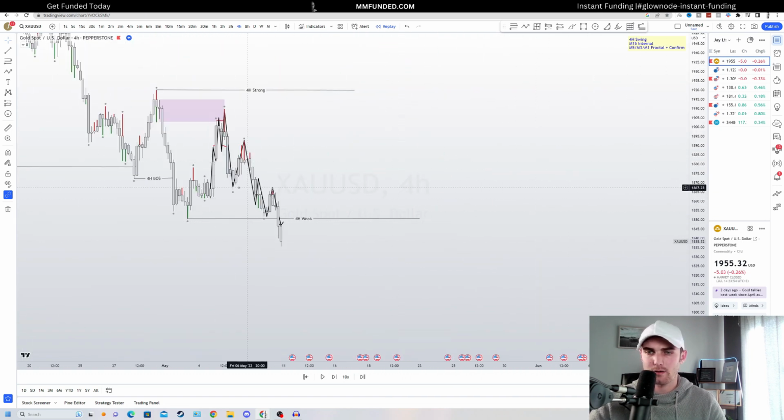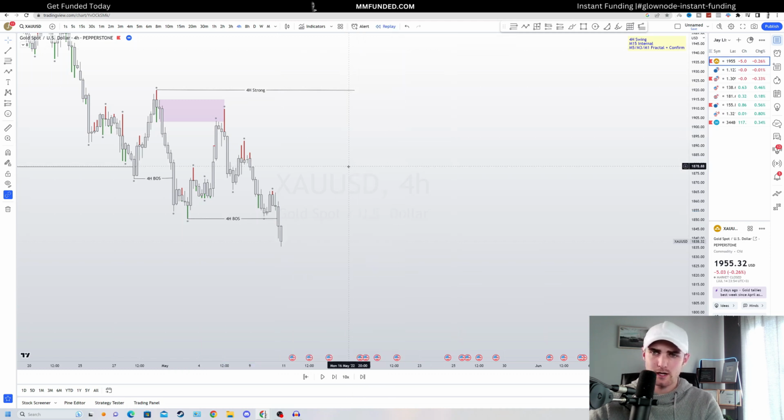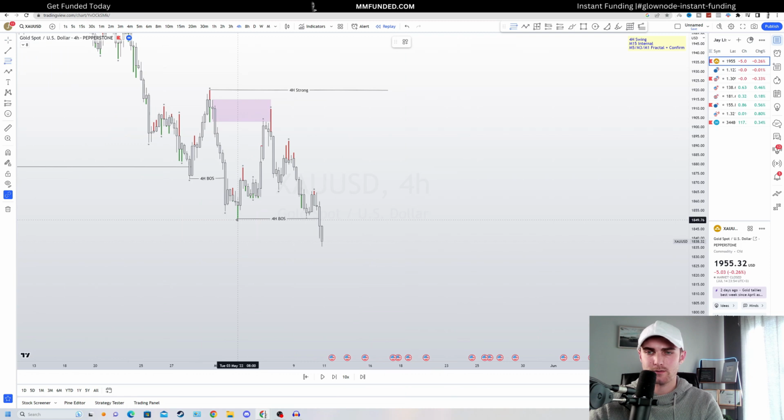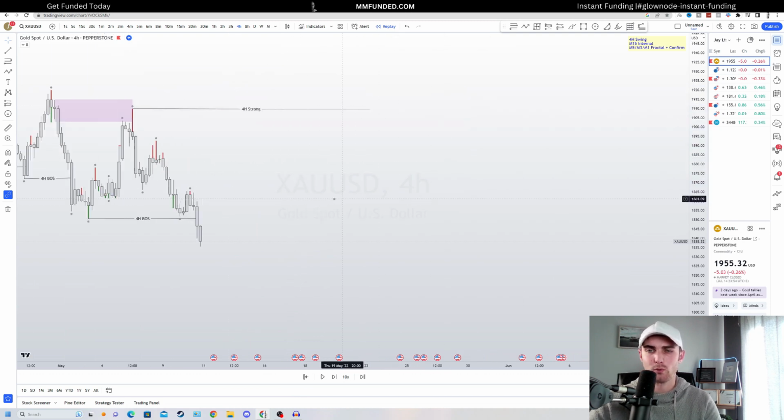So now we've had that 4-hour break of structure to the downside. And what we go and do is we go and highlight the low to the previous high, look for the highest point in this previous swing range that created this break of structure, which is this point over here. That becomes our new 4-hour strong high.